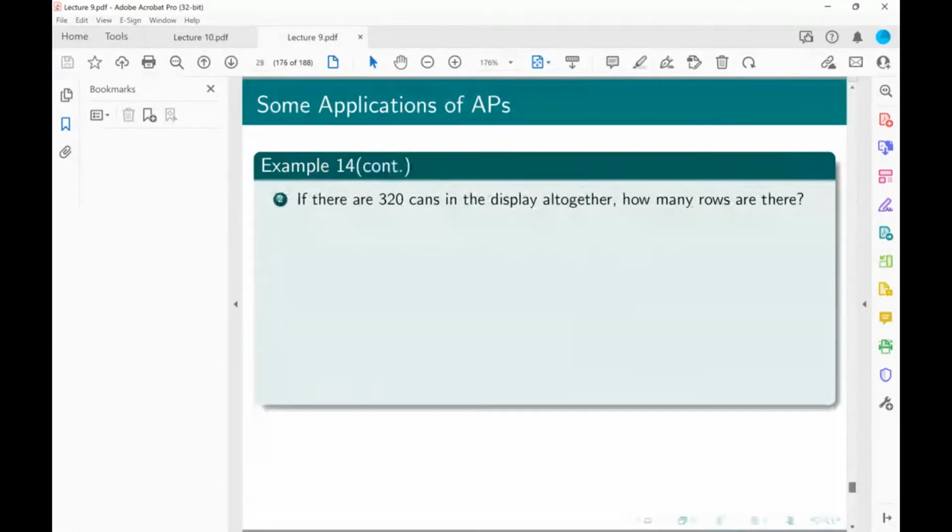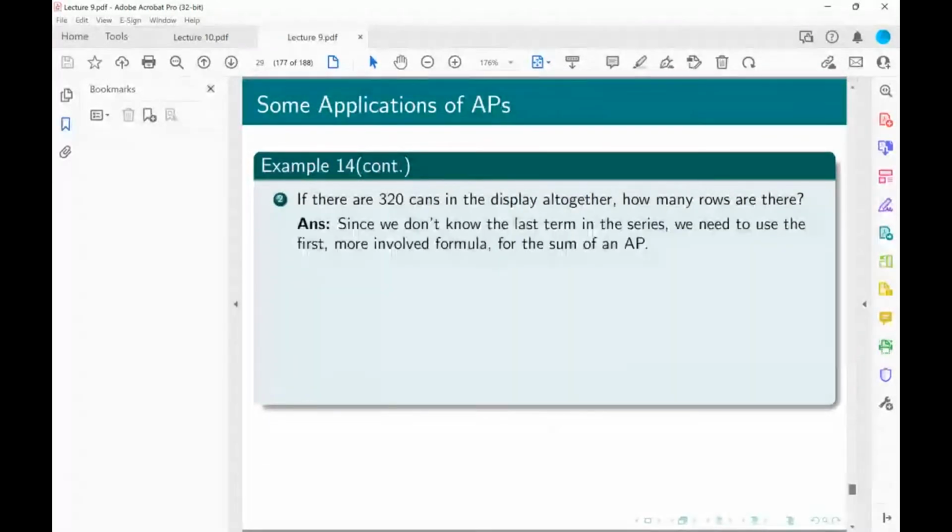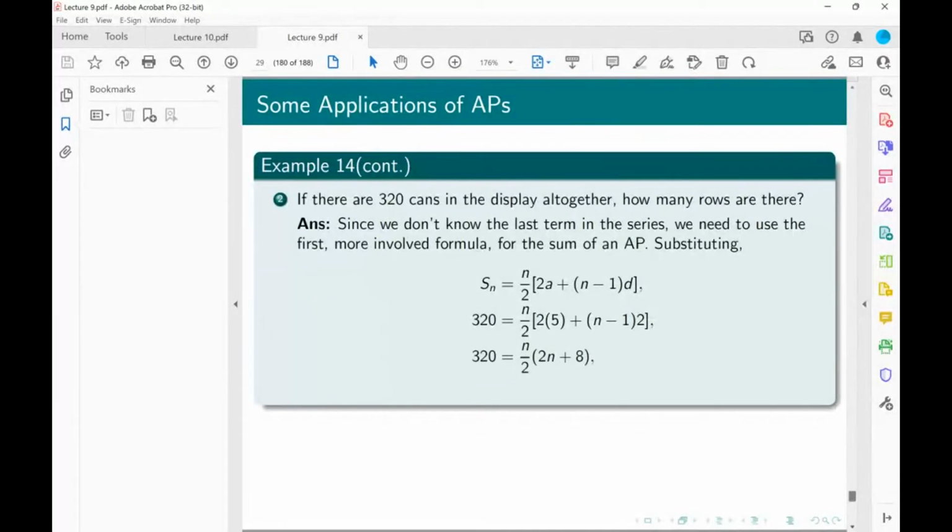The second part was: if we have 320 cans altogether, so that's the sum of all the rows, we want to work out how many rows there are. We're given Sn, we know a and d, but we wish to solve backwards for n. Given Sn is 320, a is 5, and the difference is 2, this gives us a quadratic equation.